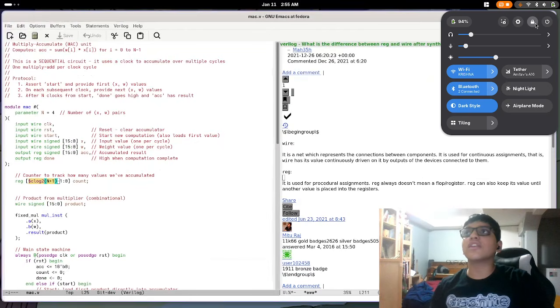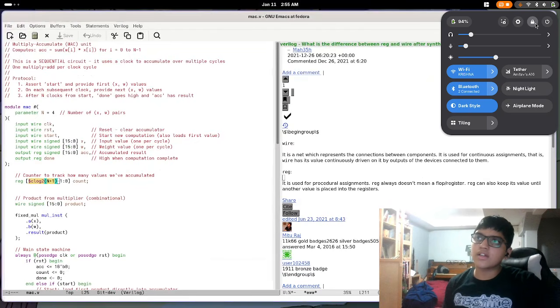I think I just hit the lock button by accident. That's weird. Okay, I can remember this. Log base 2 of 8 is equal to 3. I remember that.